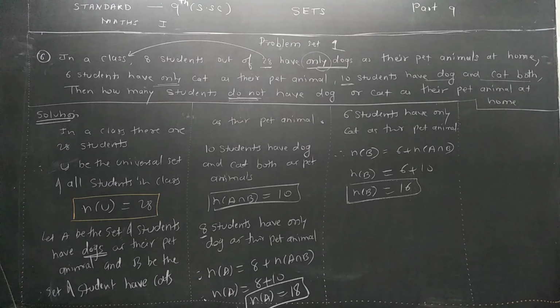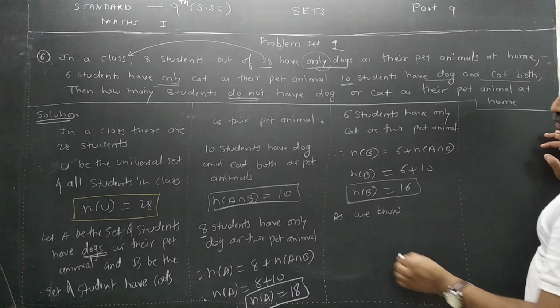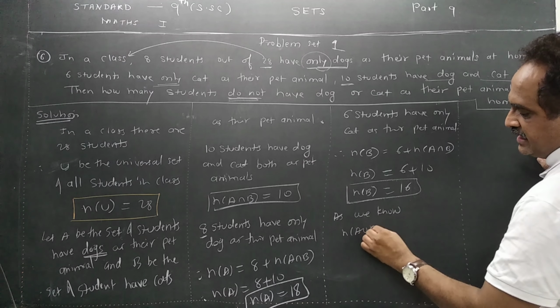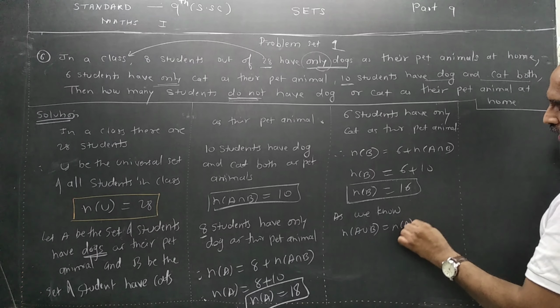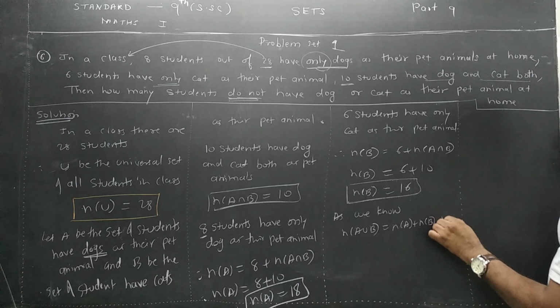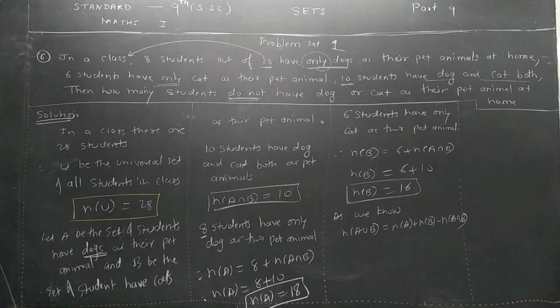Have you understood this? So, as we know, the number of elements in A union B is equal to NA plus NB minus number of elements in A intersection B. Is it right?